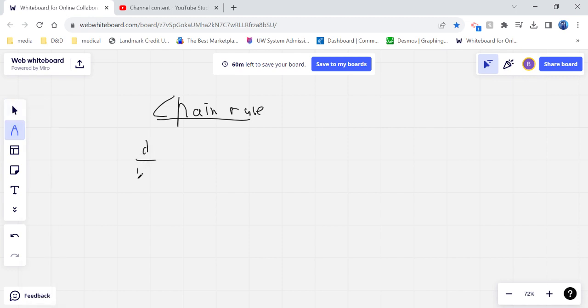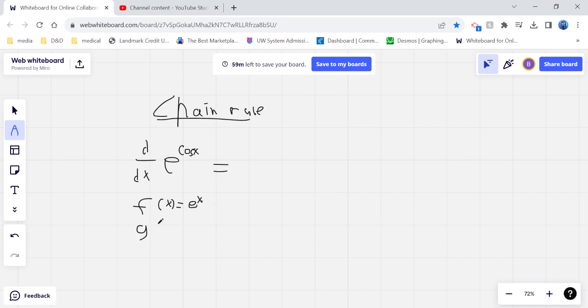So let's say we had d dx, so we're taking the derivative of some function of e to the power of cosine of x. What is that? So first, let's define our functions here. Let's say that f of x is equal to e to the x, right?